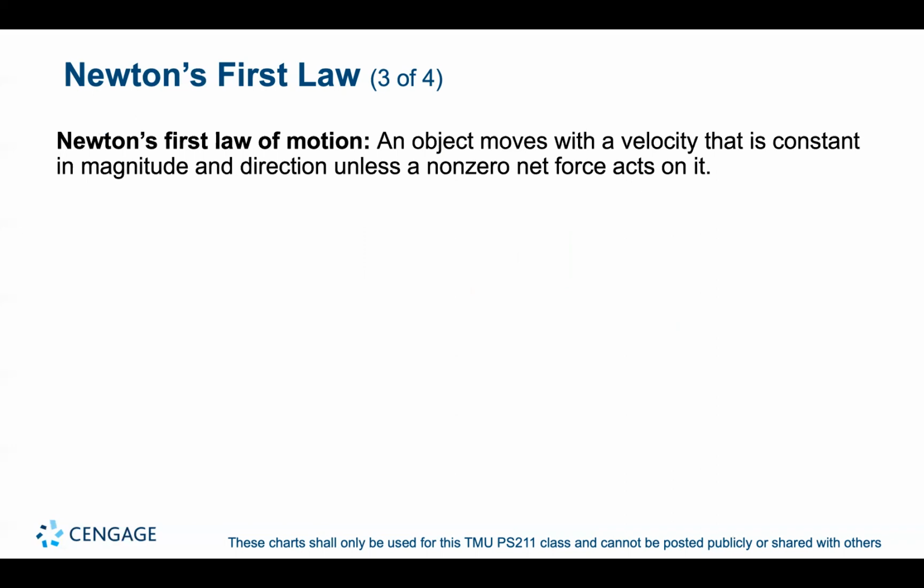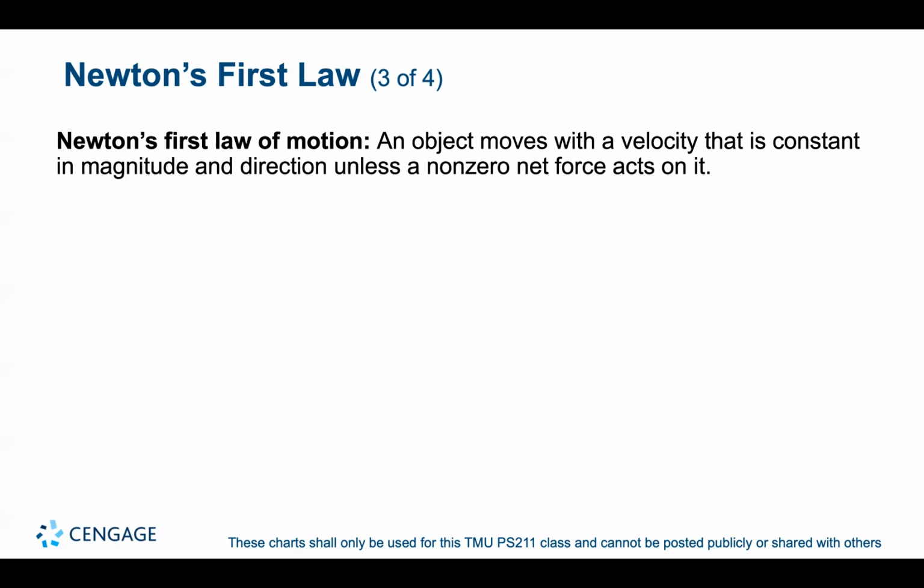Newton's first law of motion: an object moves with a velocity that is constant in magnitude and direction unless a non-zero net force acts on it. So what's in motion stays in motion, and what's at rest stays at rest. Before Newton's time, it was generally assumed that the natural state of matter was a state of rest.